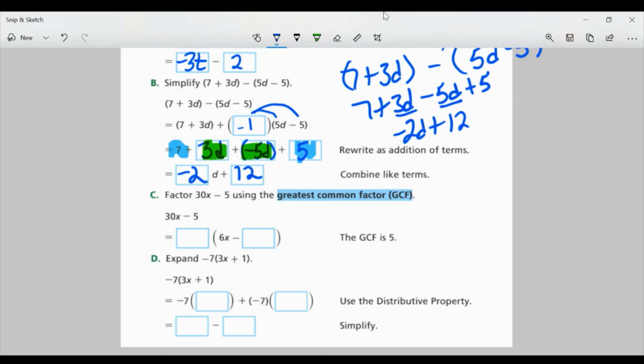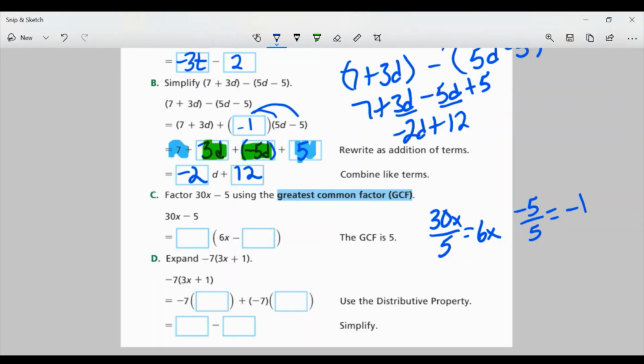Can't be anything bigger than 5, right? So I have 30x divided by 5, and I'll have my negative 5 divided by 5. Well, this one would give me 6x, and negative 5 divided by 5 would just give me negative 1.